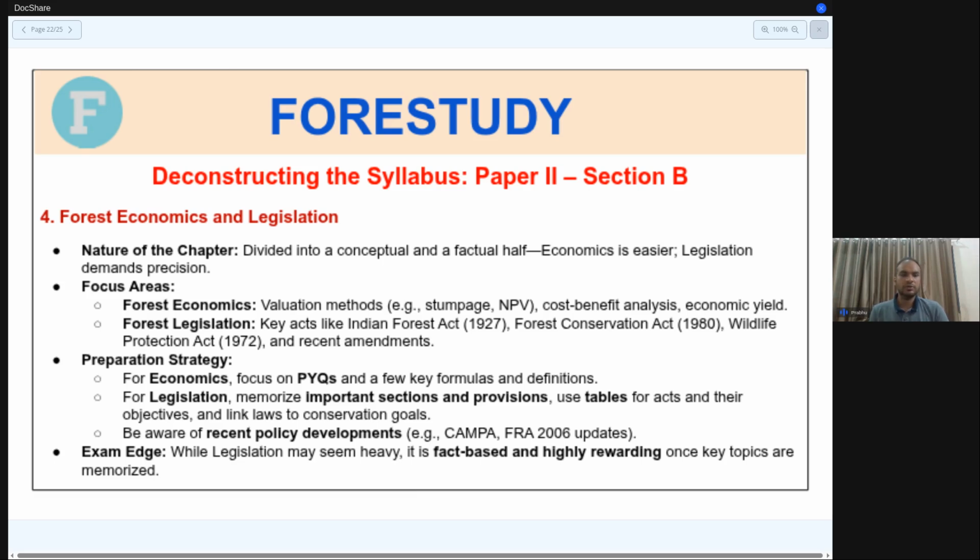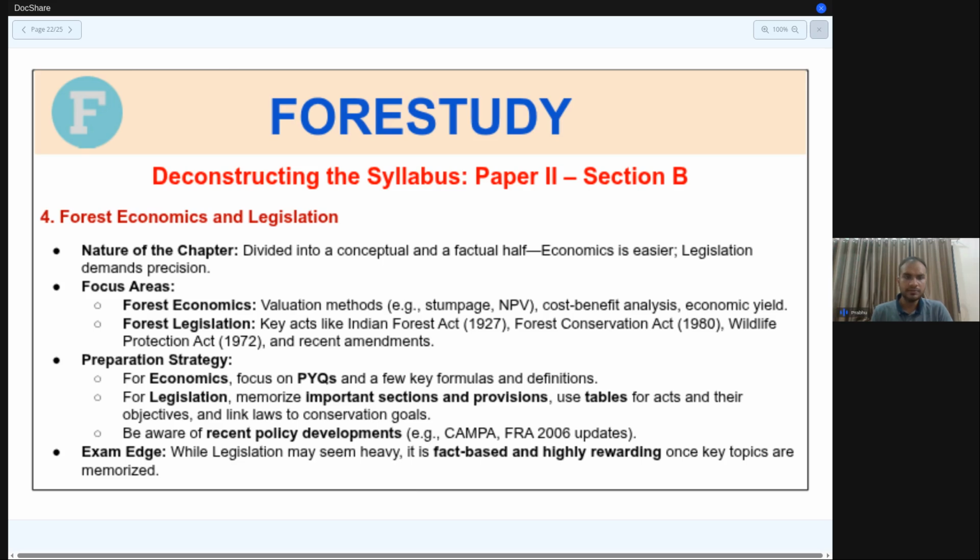Lately, some obscure questions are asked from these topics, like what are the valuation methods of forest. So prepare these things also and go through the PYQs, and see what obscure questions have been asked and have a probability of being asked again.